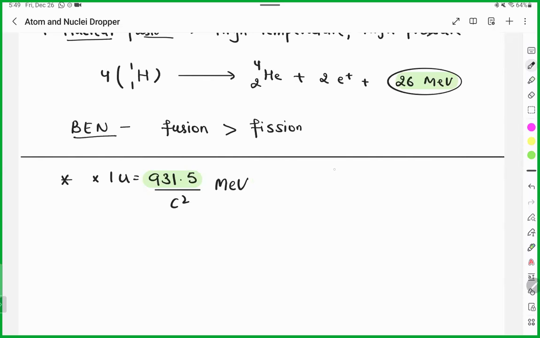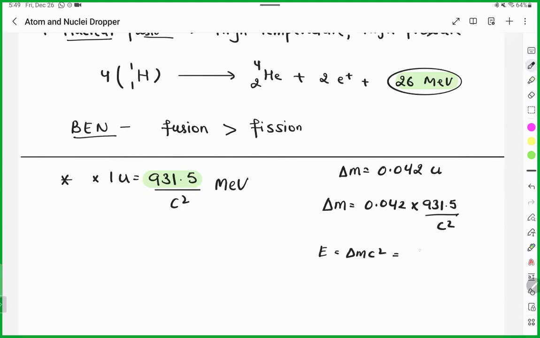Here, what was the mass given? 0.042. That was the difference in the mass, the mass defect, 0.042 unit. Correct. So what is the total mass defect? 0.042 multiplied by 931.5. For easy calculation, you can take 930 or 931 also by C. Now you have to calculate energy, which is equal to delta m c square. Delta m value is 0.042, 931.5 by c square multiplied by c square.